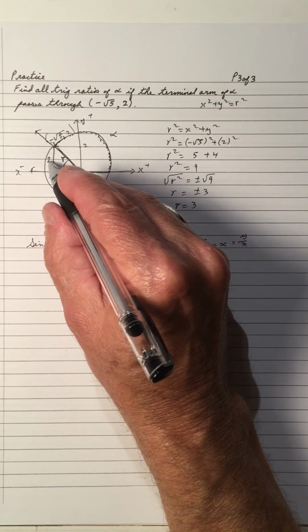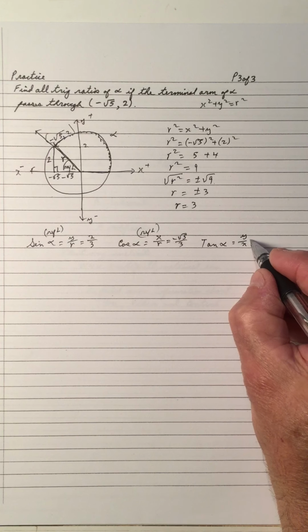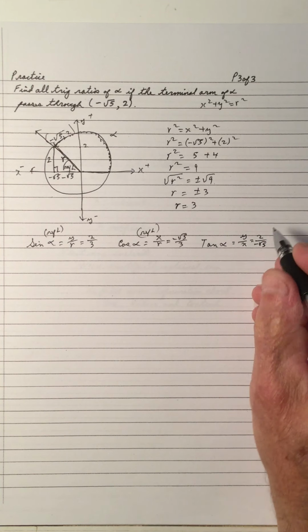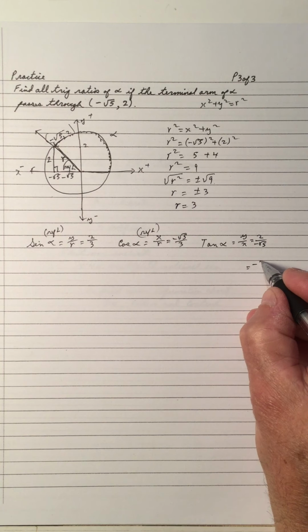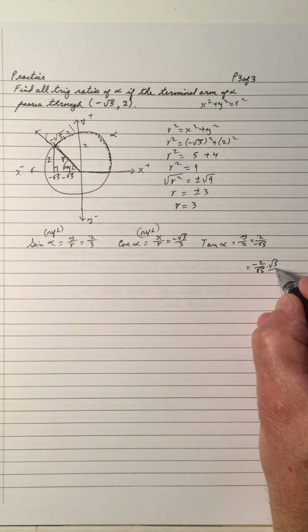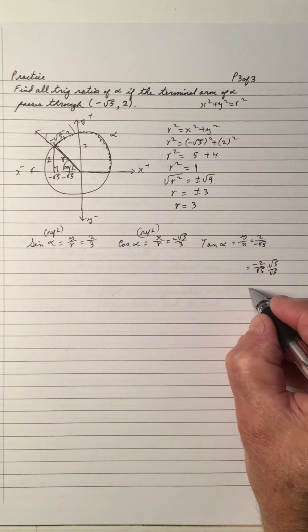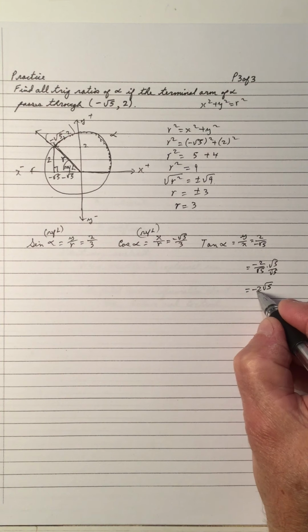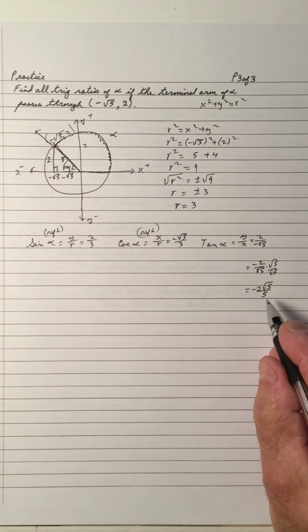Tan is the opposite over the adjacent. So the y over x is 2 over negative root 5, which is negative 2 over root 5, multiplied by root 5 over root 5, and that gives us a negative 2 root 5 over 5.